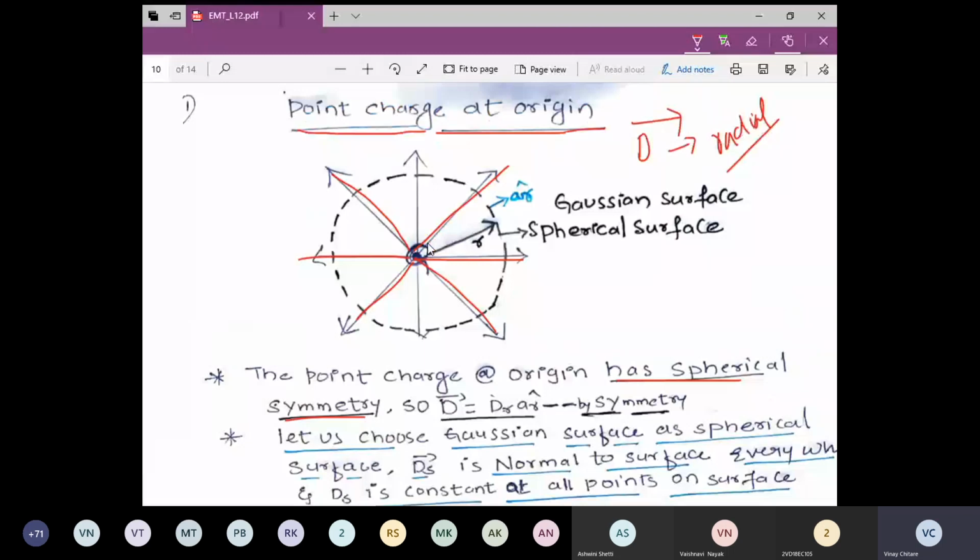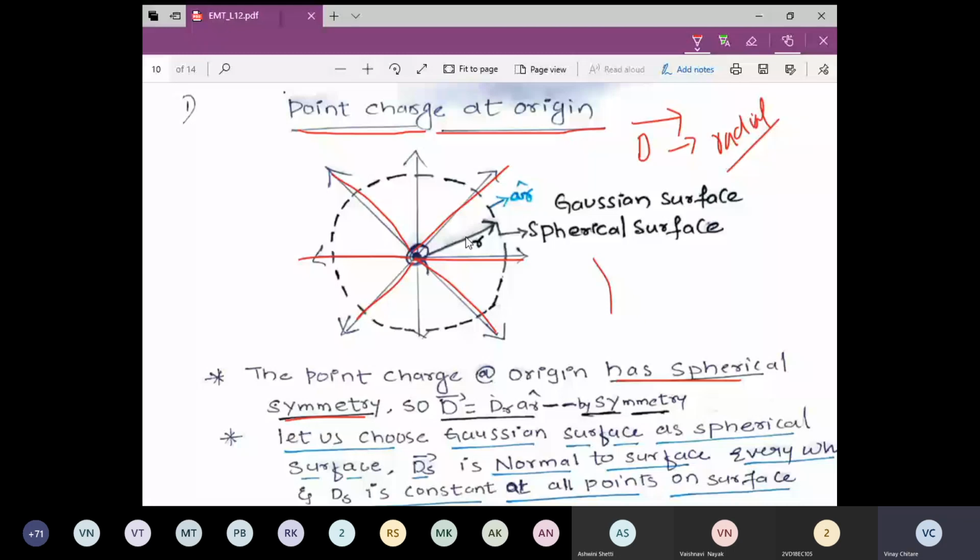Now, if I try to rotate the point charge located at the origin, in terms of this angle like this, you could see the flux lines still remain the same.